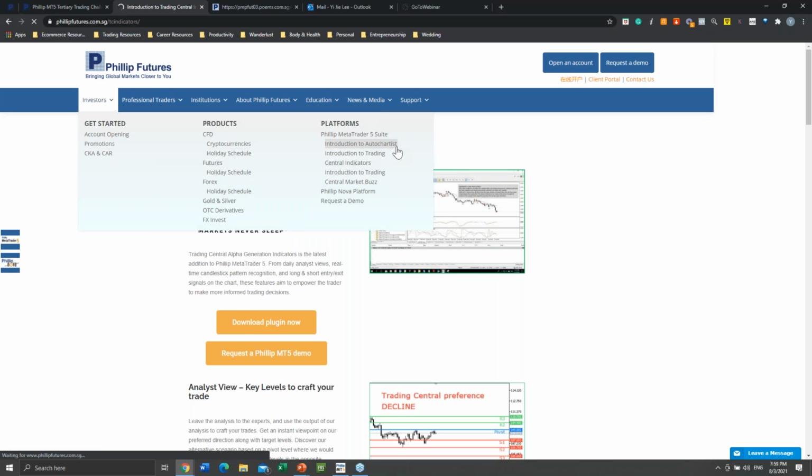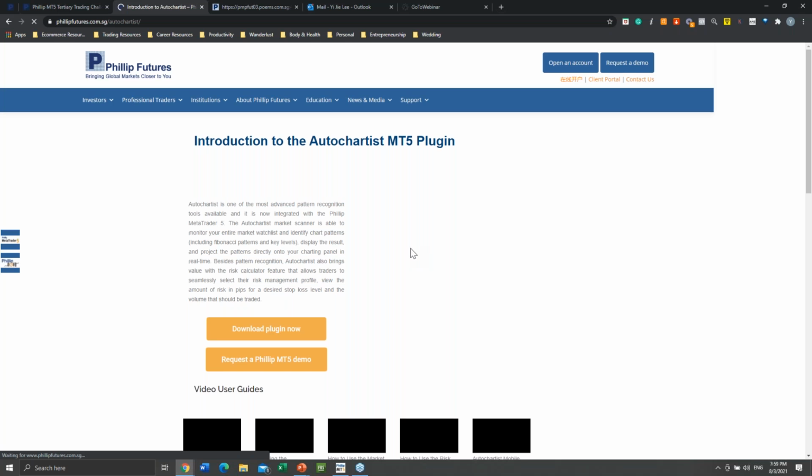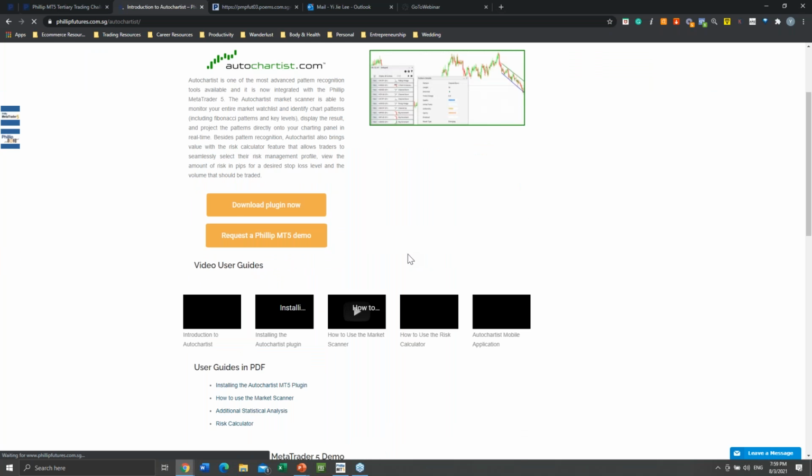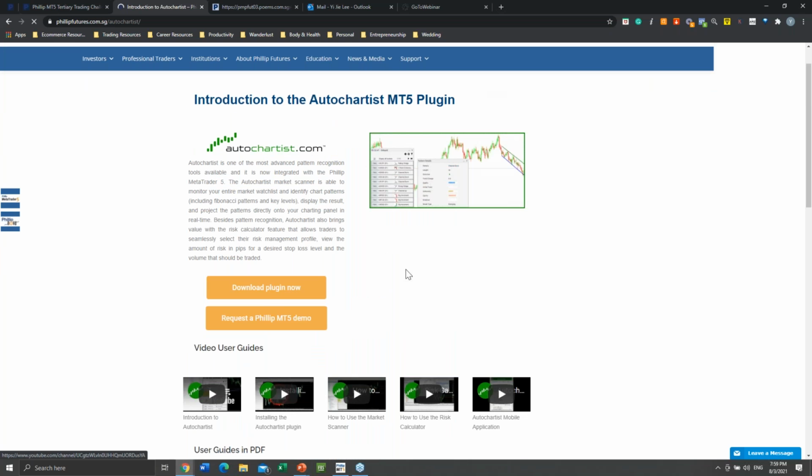Upon entering one of these, you can see 3 things: video guides, PDF guides, and the link to install. Once you click the download link, there are just a few simple on-screen instructions for you to follow. Once that is done, you will see it populate in your platform.